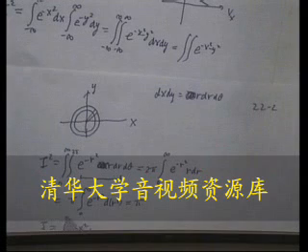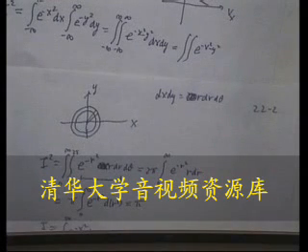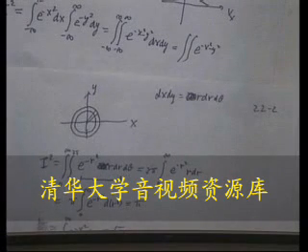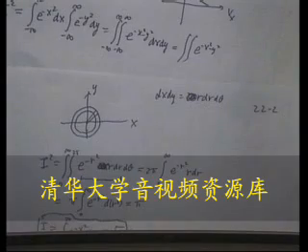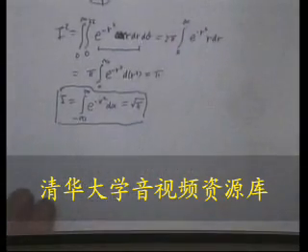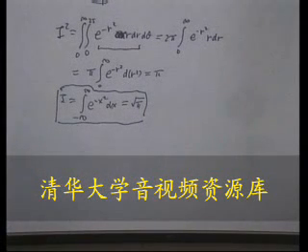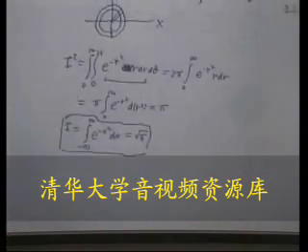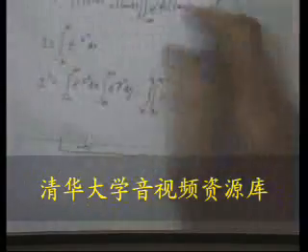This Gaussian integral is something that is known. It's very common. This is a good formula to remember. Once you know I, you know how to evaluate this constant.